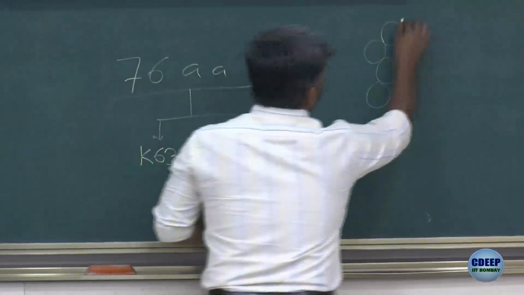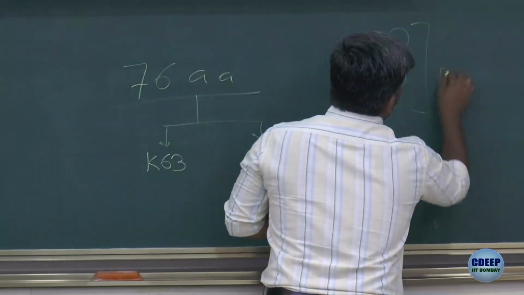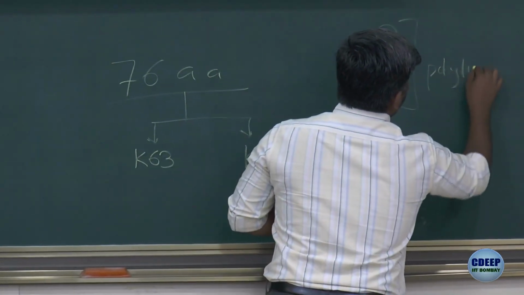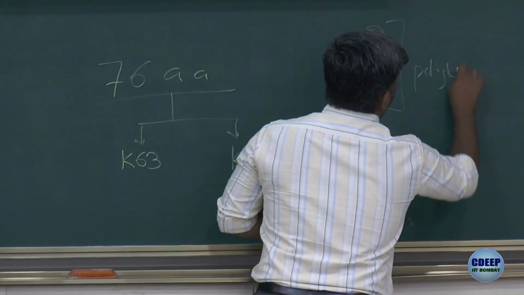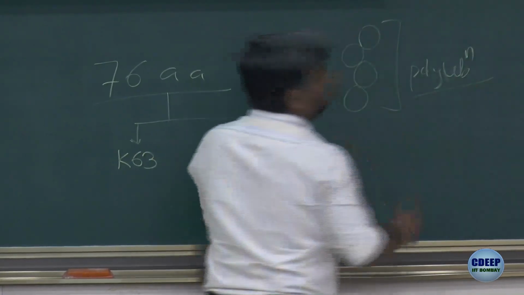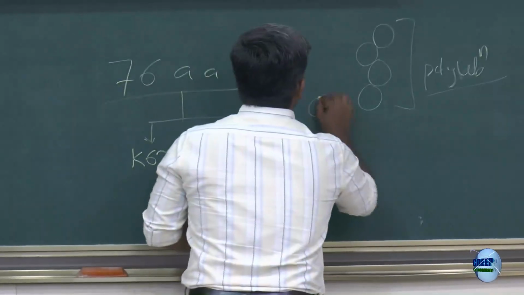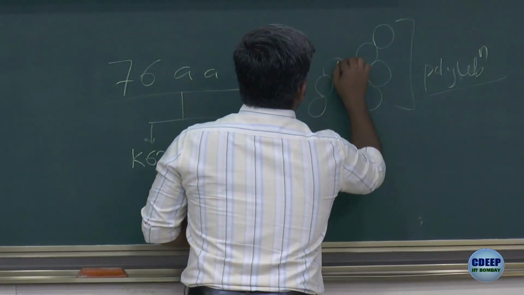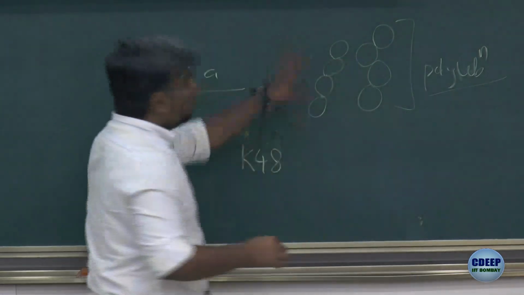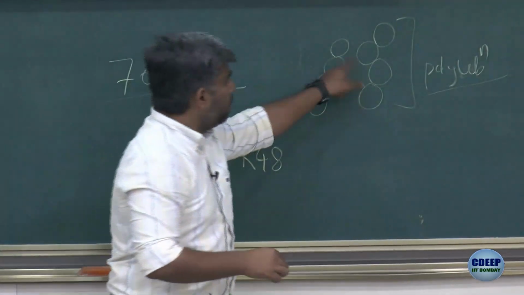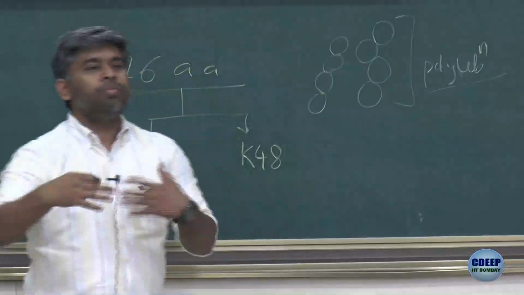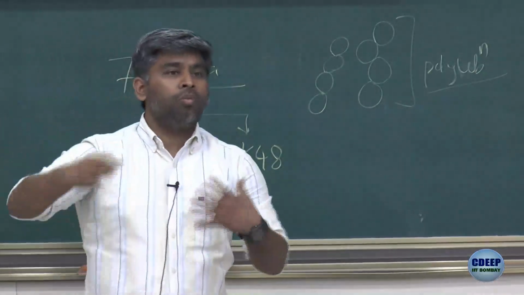So, this is, you will say this is a tetraubiquitin, but people then call it polyubiquitination or chain, right. Similarly, you can have K63 like this, and the reason why I am drawing like this is because these ubiquitin chains also have certain topology to them.